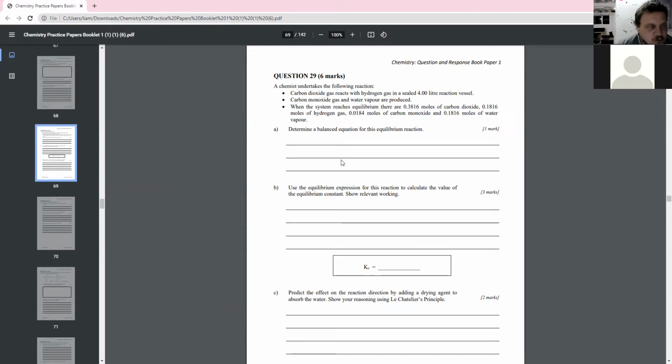Is it going to go in the forwards direction or the backwards direction? It's going to go forwards to make up for the fact that we have removed a product. If we removed a reactant, it would go backwards.